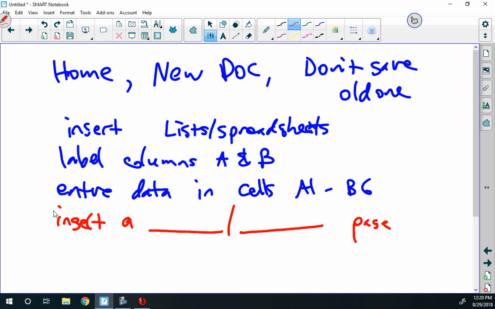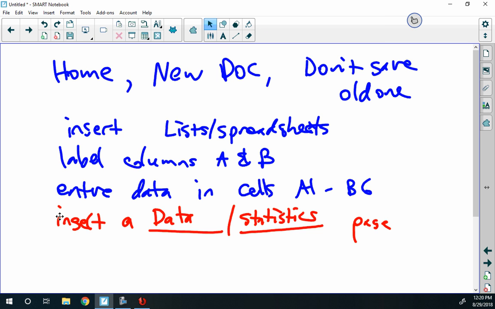We're analyzing this bivariate data. So this is going to be data and statistics that we're going to insert. We're going to insert a data and statistics page into our document.